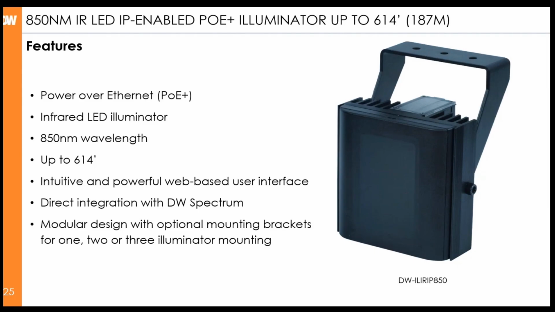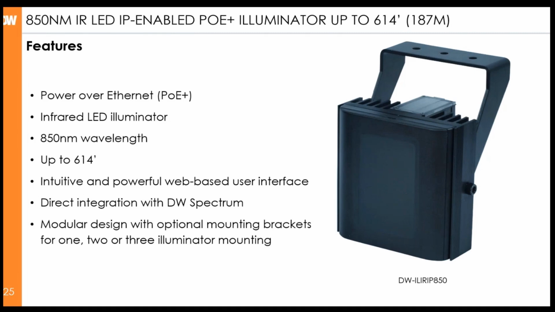What's nice about these is they are PoE plus, so you don't necessarily need an electrician to go out to power them. They'll run right off PoE, which is standard Ethernet cable. You can send commands to them. 850 nanometers, 614 feet. Very easy to use web interface, pretty much like all of our devices.